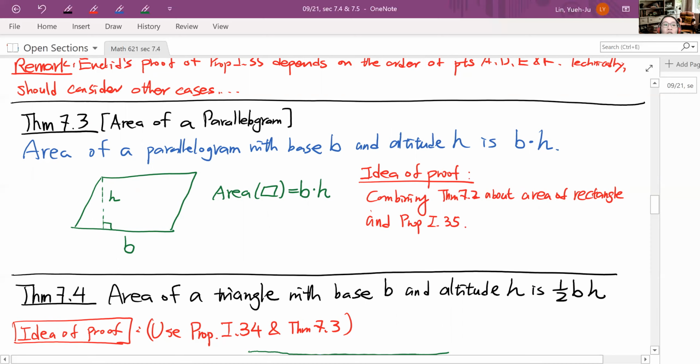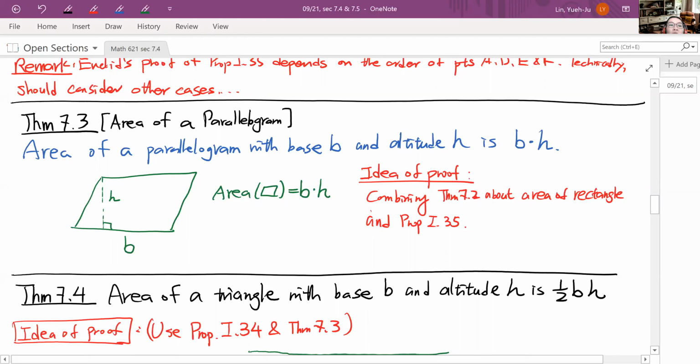As I said, if you see any results written as theorem rather than proposition, those are the extra ones that we added. Those were not in Euclid's Elements. The ones that were in Euclid's Elements are listed as proposition 1 point something, or later on proposition 3 point something. The propositions were already in Euclid's Elements, but the theorems are the ones that we added later on.